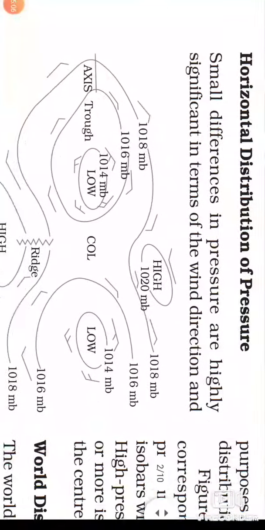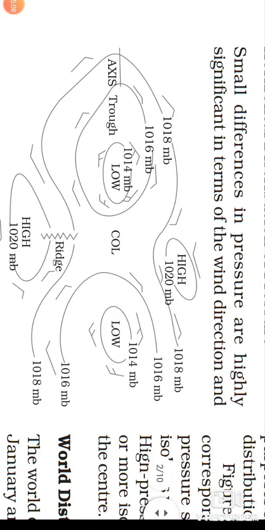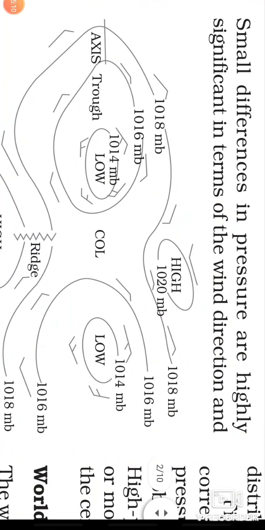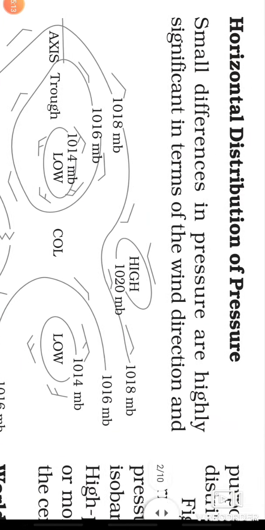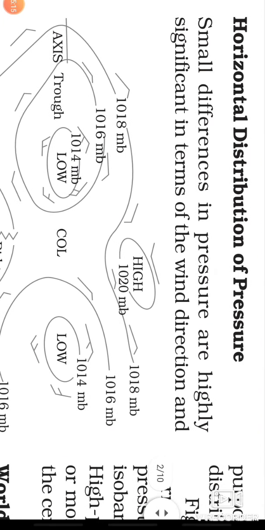Now we will be discussing the horizontal distribution of pressure. Okay, we will be discussing a term called isobar here. In the previous chapter we had dealt with isotherm, that's a place or a zone which is having a common temperature, present at the same temperature levels.